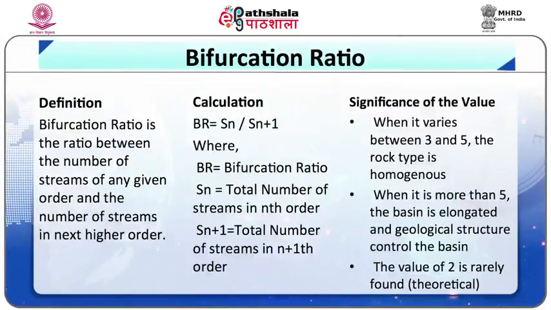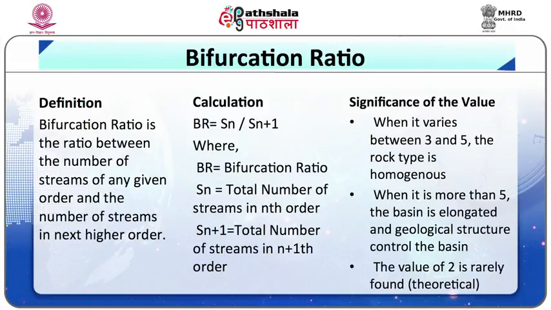Now come to bifurcation ratio. Bifurcation ratio is the ratio between the number of streams of any given order and the number of streams in next higher order. It can be expressed in an equation: BR is equal to Sn divided by Sn plus 1, where BR is bifurcation ratio, Sn is total number of streams in nth order, Sn plus 1 is total number of streams in n plus 1th order.